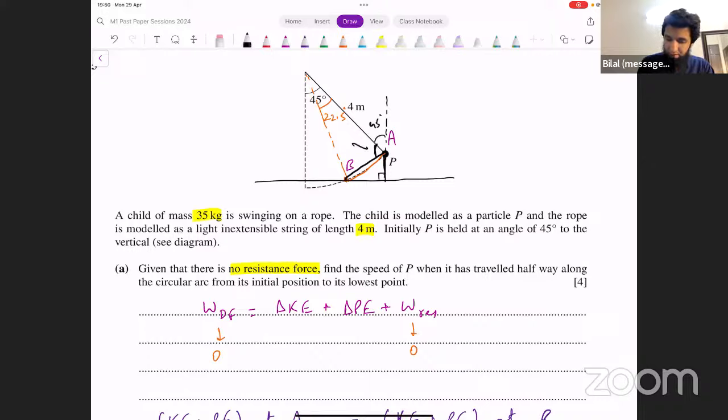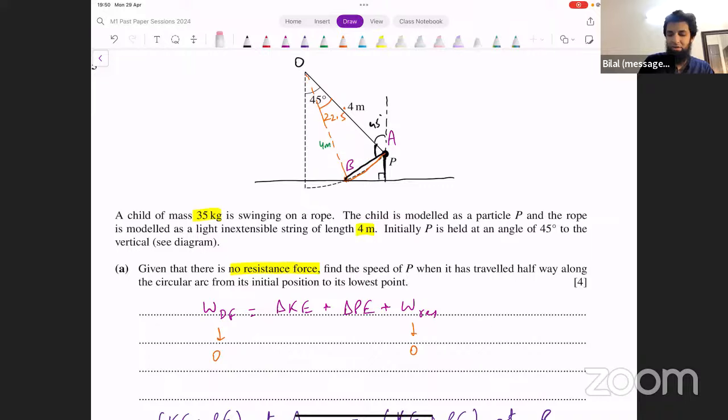Now, what about this angle? If the angle here is 22.5 degrees, it's a string, so this length would also be 4 meters. These both are 4 meters. Since they are both 4 meters, it's an isosceles triangle. Let's call this point O. The triangle OAB is an isosceles triangle, so I can write down this angle as well.